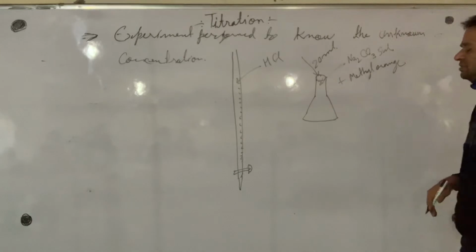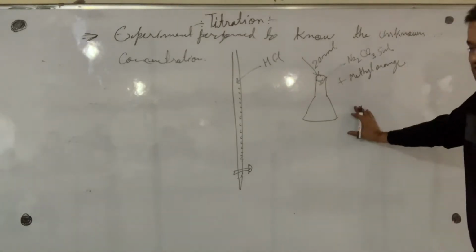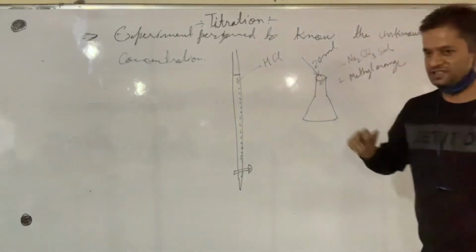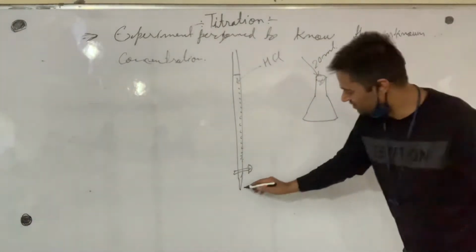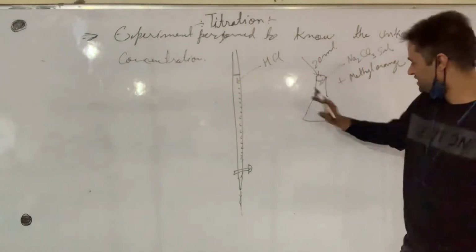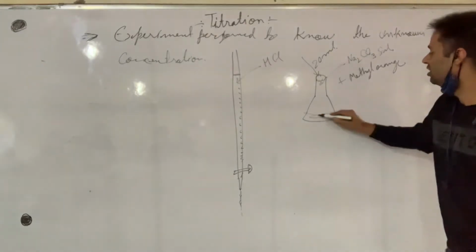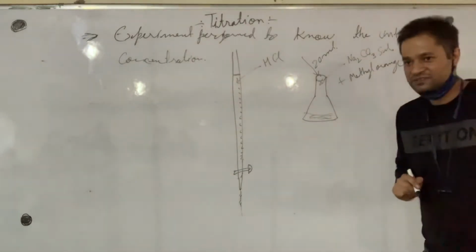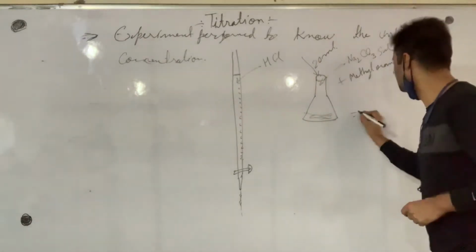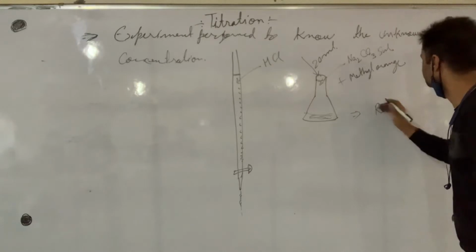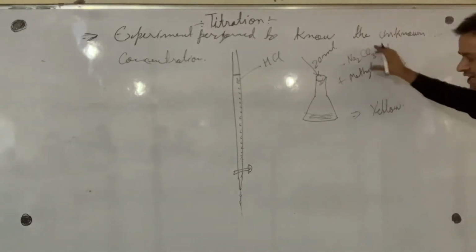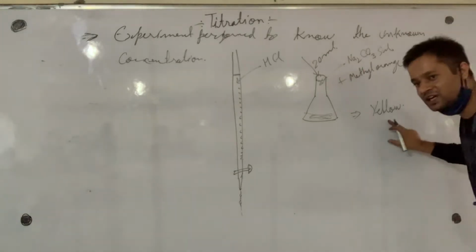You have to add that into the titration flask, and fill the burette up to 0 with HCl. Now keep adding HCl drop by drop into the conical flask or titration flask. When you add methyl orange, this will turn yellow.